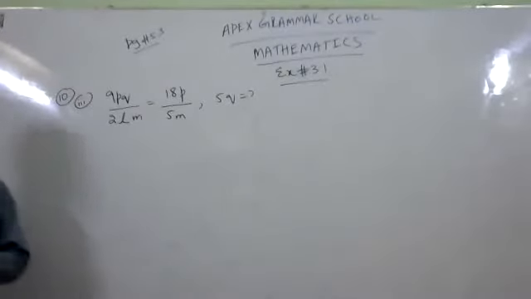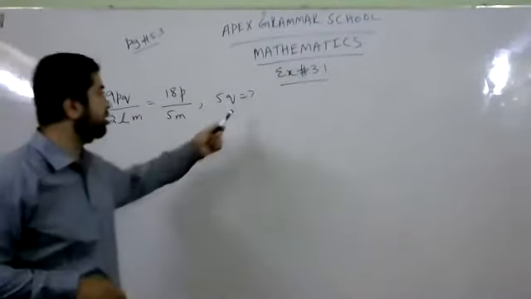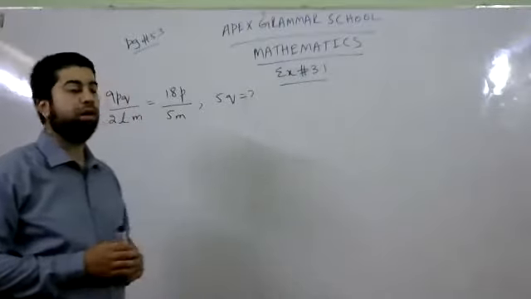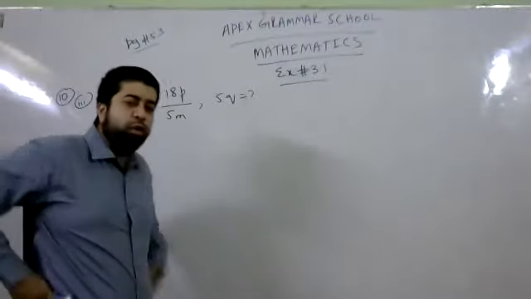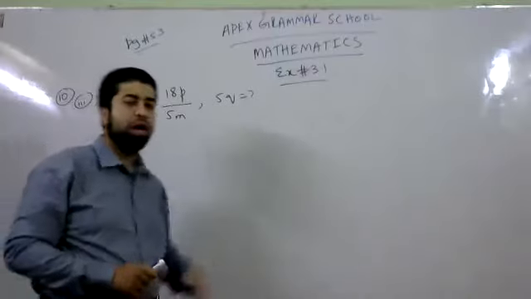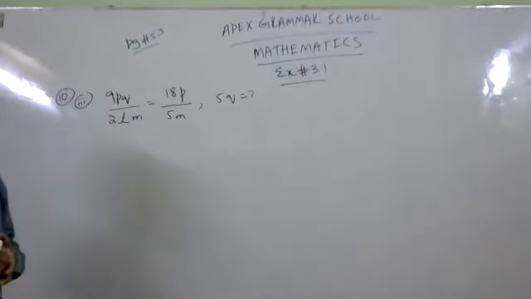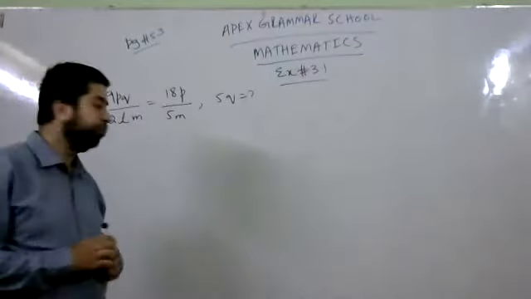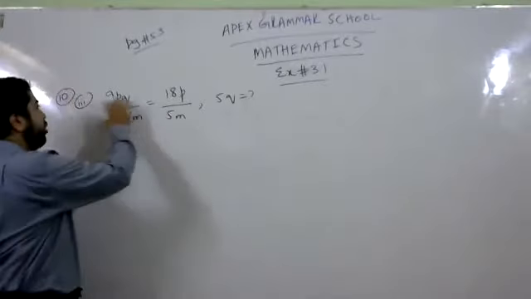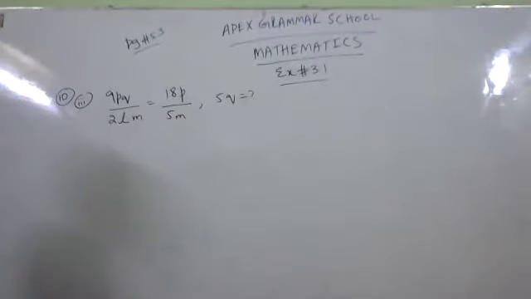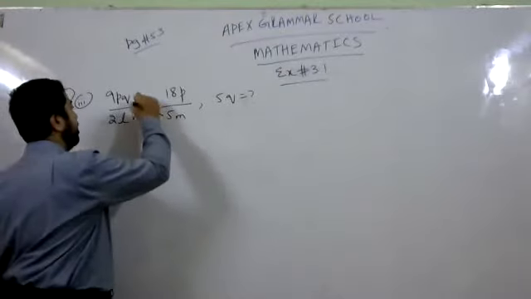You can see the variable present here is q. So you need to find the value of 5q, but first you can easily find the value of q only. Between two fractions there is an equality sign, so apply cross multiplication here.